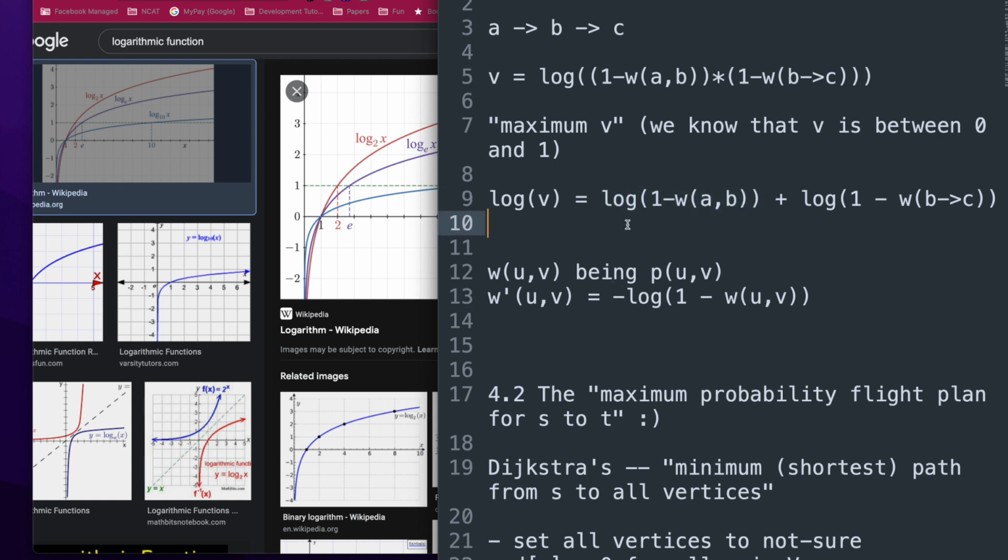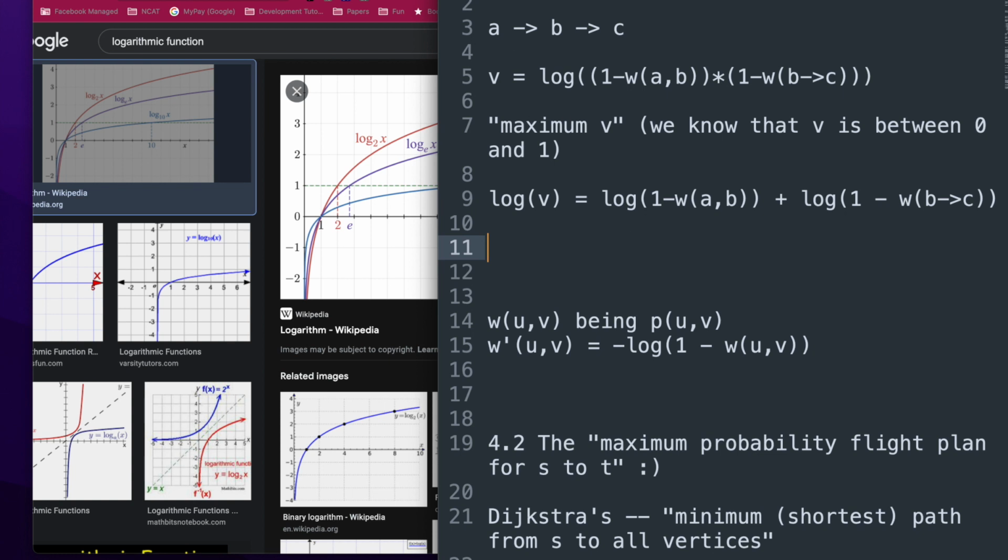So essentially, for a path A to C, originally I wanted 1 minus the weight A to B times 1 minus the weight B to C. So this is my reliability for the path.